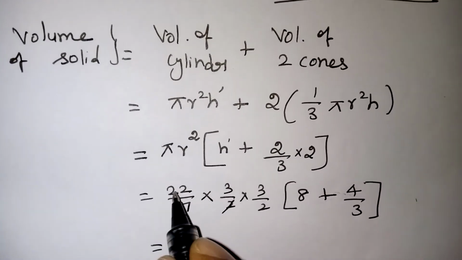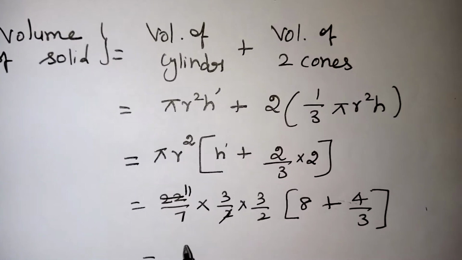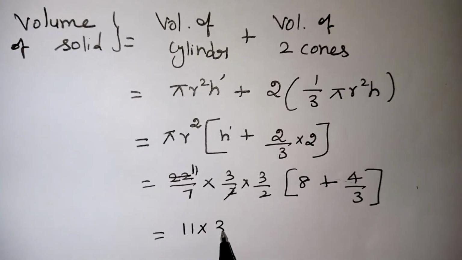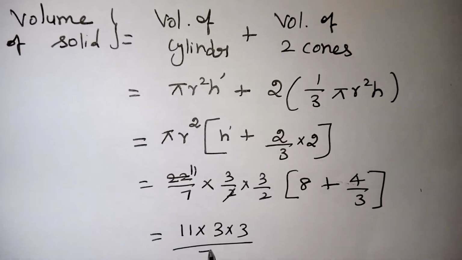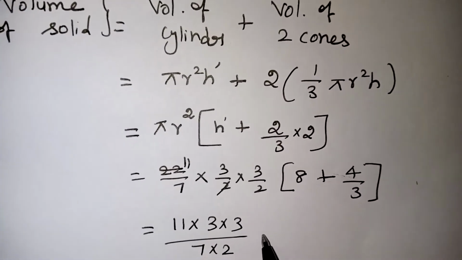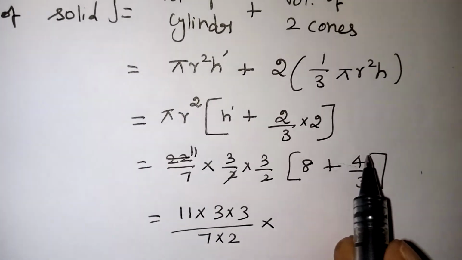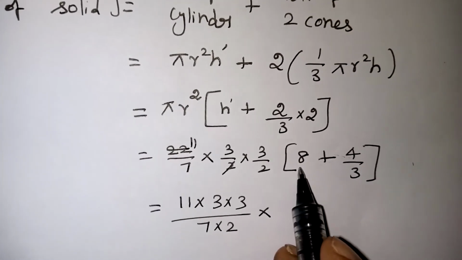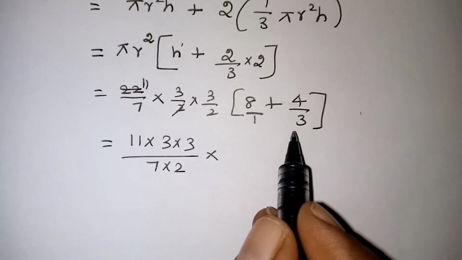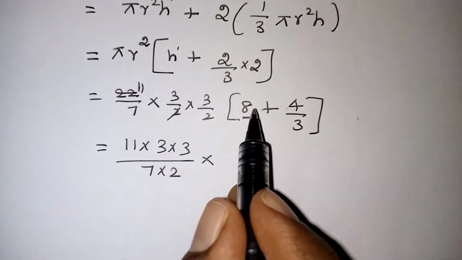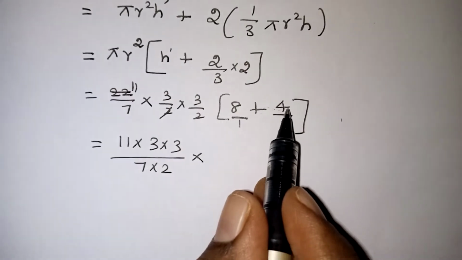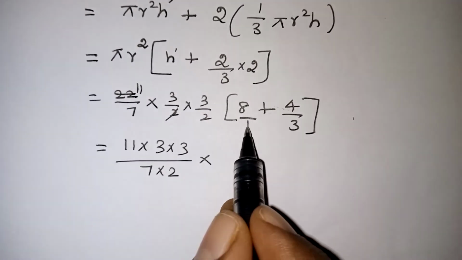Now 2 1s are 2, 2 11s are 22, so the remaining is 11 into 3 into 3 by 7 into 2 we are getting here. This is multiplied by, children, when we are getting like this we can take it as a mix. 8 3s are 24, 24 plus 4 will be 28/3 we can write it, because here the term is 1.